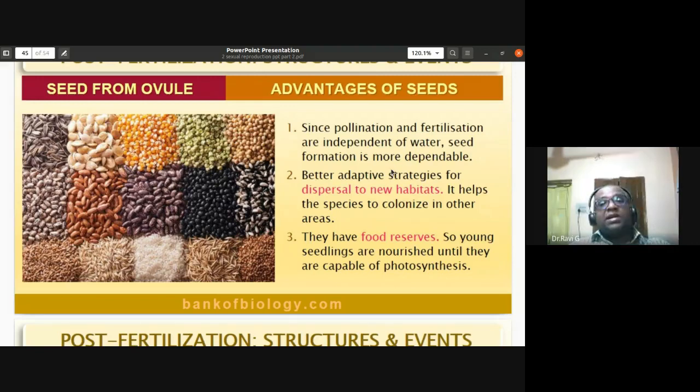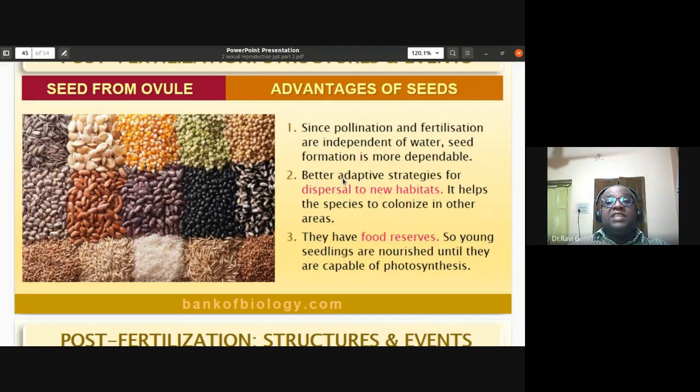That is not required in angiosperms, and seed formation is more dependable and has more survival capability than in water pollinated plants like bryophytes and pteridophytes. They cannot spread throughout land, whereas angiosperms have better survival capability because they have seeds. Since pollination and fertilization in angiosperms don't require water, seed formation is more dependable, more reliable.